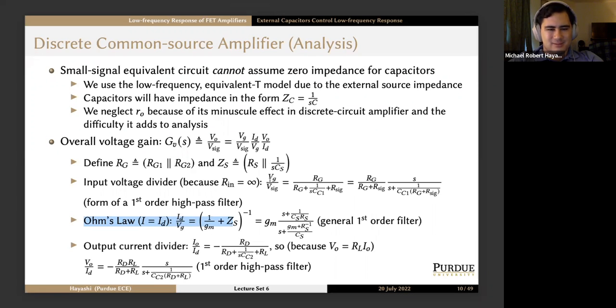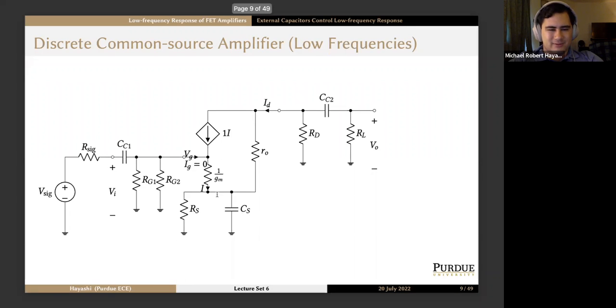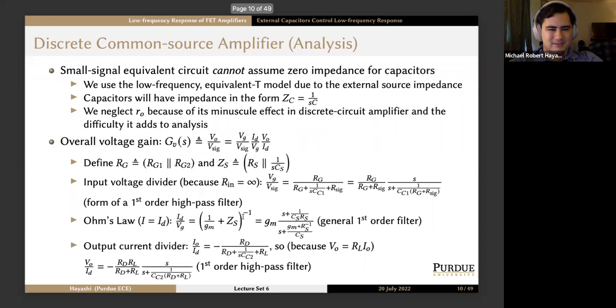So we look for the equivalent admittance here, where we're going to get 1 over GM plus admittance of these things, and then divide by 1, or reciprocate rather.